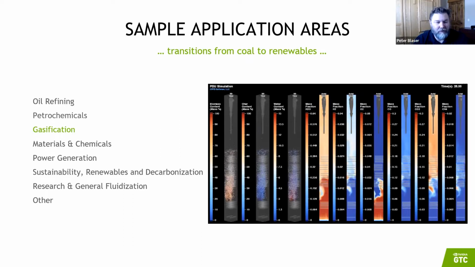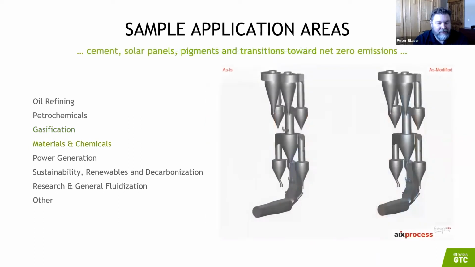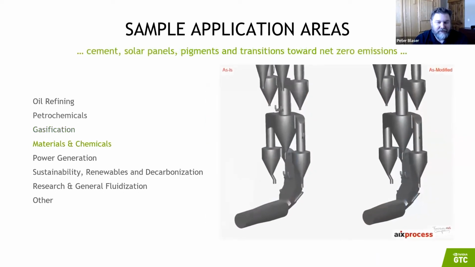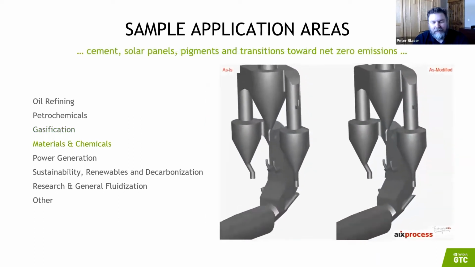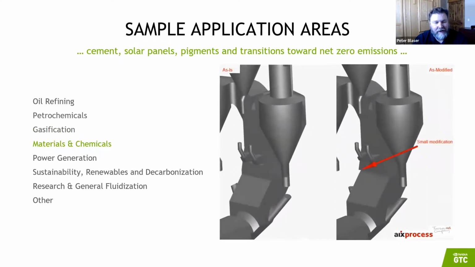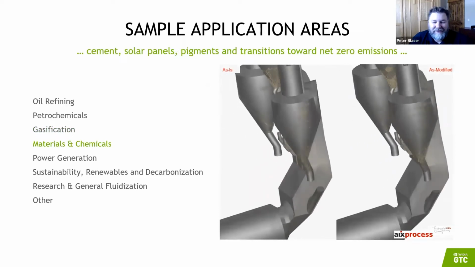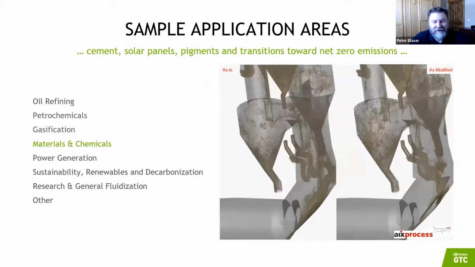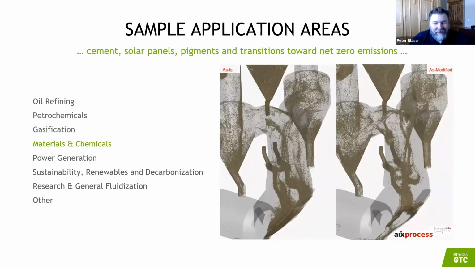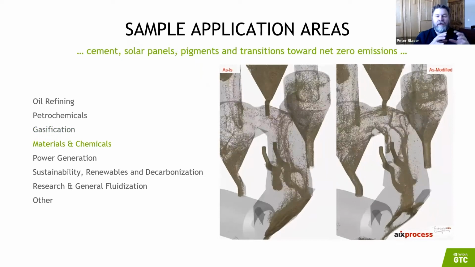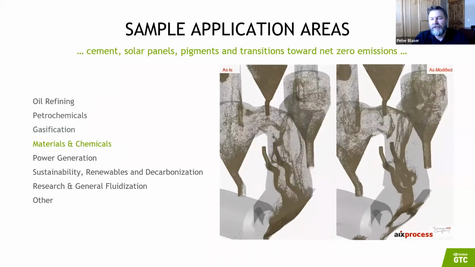And so this is one area where the software is used. Materials and chemicals. This is a preheater tower for a cement calcination unit. This makes the cement that goes in the roadways. But other materials and chemical applications include the materials for solar panels, pigments, and transitioning these toward net zero emissions.